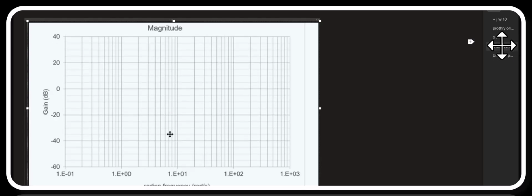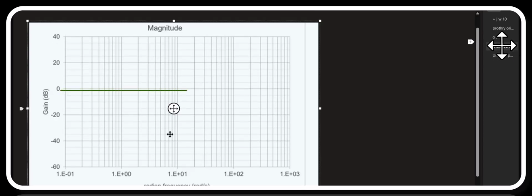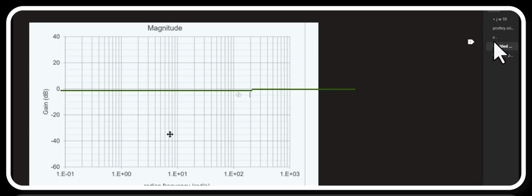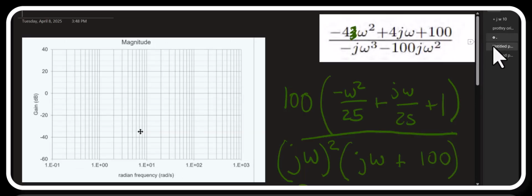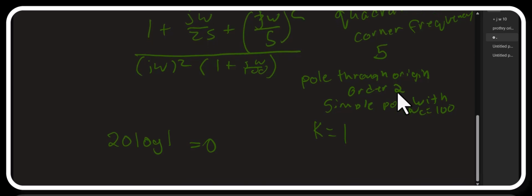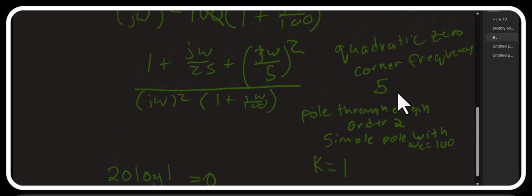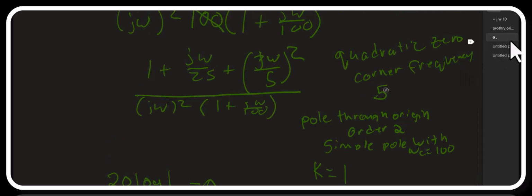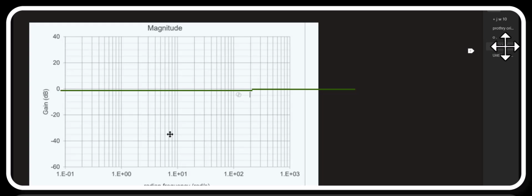So I have a horizontal line at 0. And then I have a pole through the origin of order 2. Things through the origin go through 1. It's a pole, so it has a negative slope.